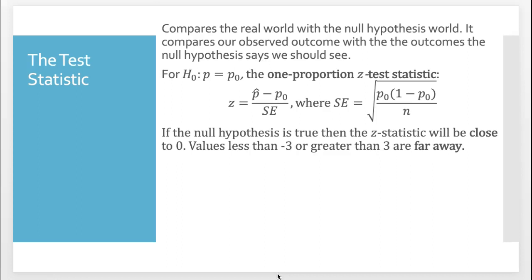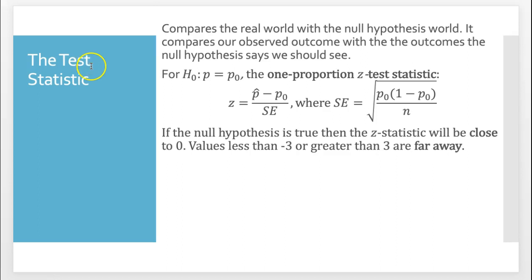What we say is that when we conduct this test, we're going to assume the null hypothesis to be true, meaning that my sample proportion should be centered around the null hypothesis proportion. So you have to think about sampling distributions for the proportion.